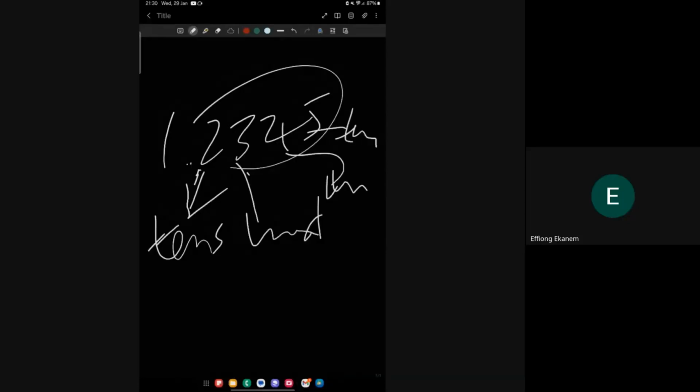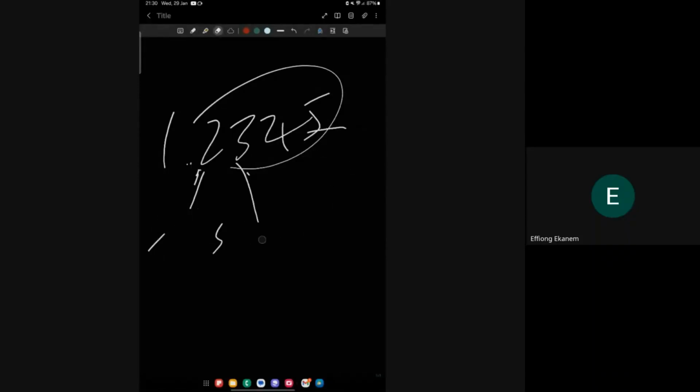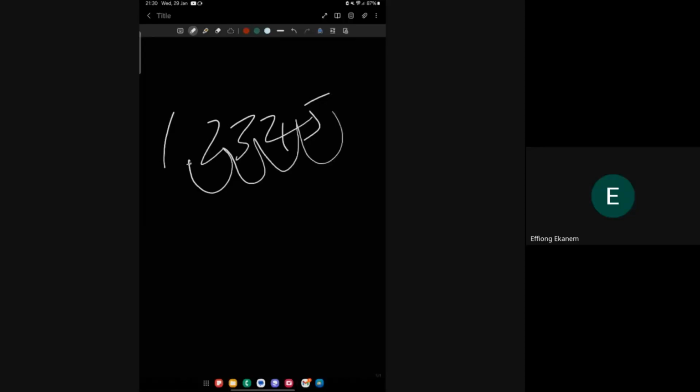Moving from the decimal point, we have 1, 2, 3, 4, and it must start with 1. This is what you will use to multiply the difference between your entry and your stop loss, or your entry and your take profit.